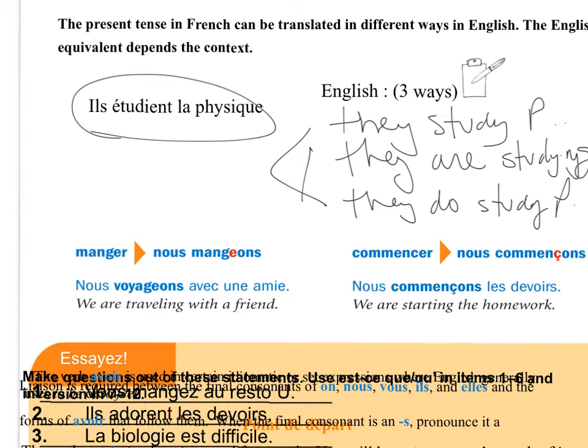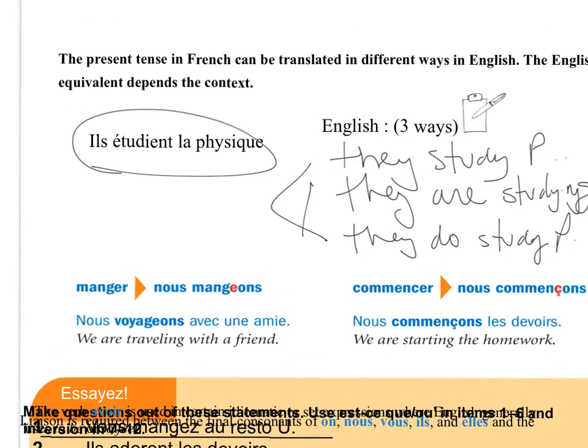Verbs like manger and commencer have an E when it's nous mangeons. So you add an E to the nous form, nous mangeons, because otherwise the sound would be nous mangons. Same thing for nous voyageons. You only do that for any verb that ends in G-E-R.